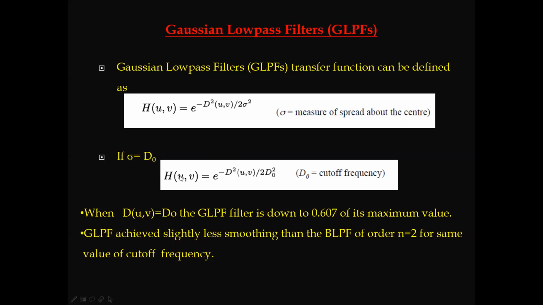If sigma equals D0, then H(u,v) equals e to the power minus D squared(u,v) by 2 D0 squared. D0 is the cutoff frequency. So when D(u,v) equals D0, the Gaussian low pass filter is down to 0.607 of its maximum value, and the Gaussian low pass filter is slightly less smooth than the Butterworth low pass filter of order n equal to 2 for the same value of cutoff frequency.